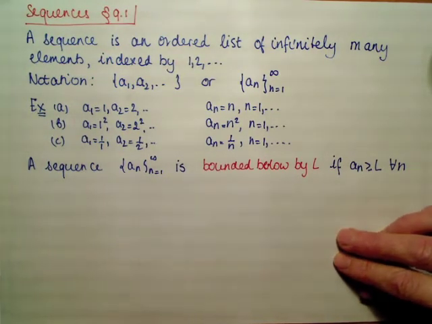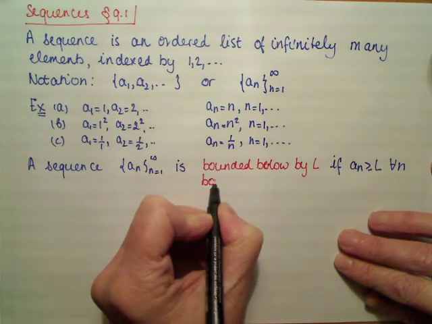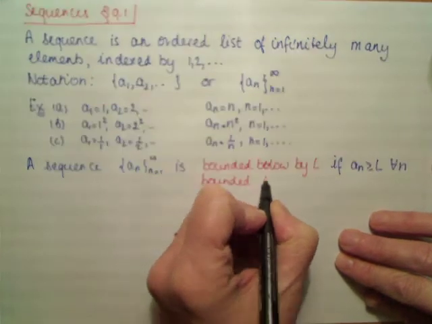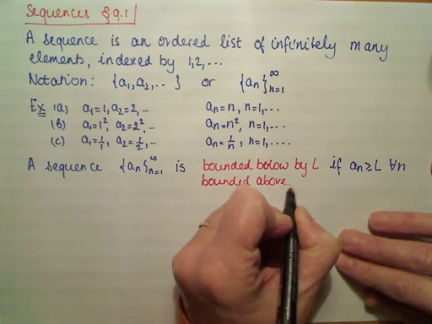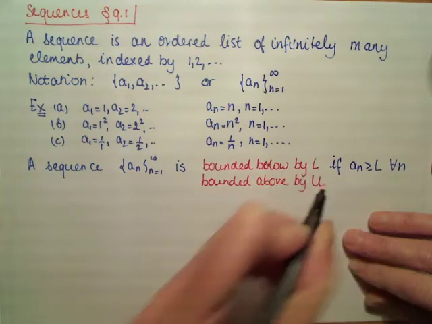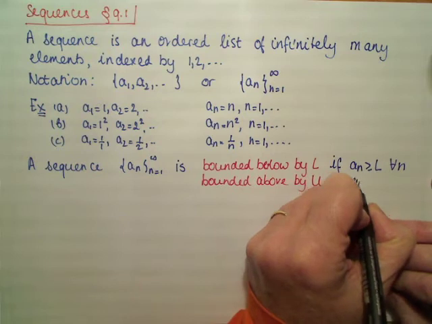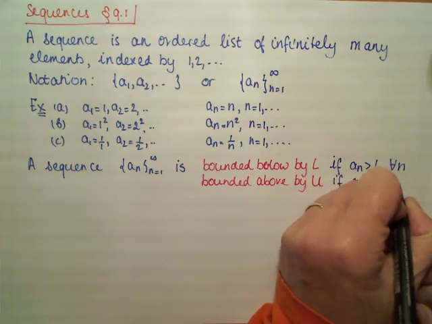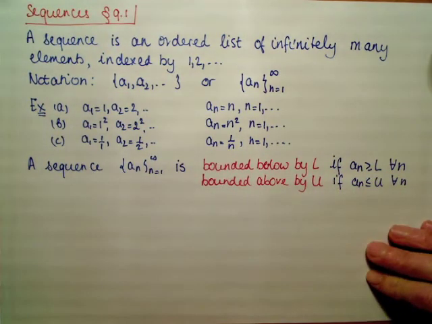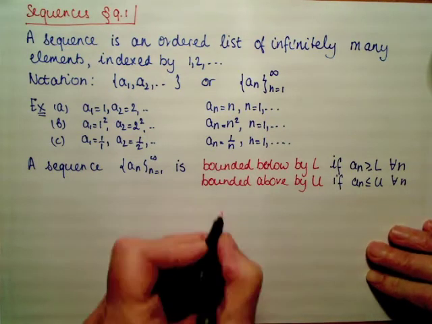The sequence is said to be bounded above by U if every element of the sequence is less or equal to U. And we say that the sequence is simply bounded.